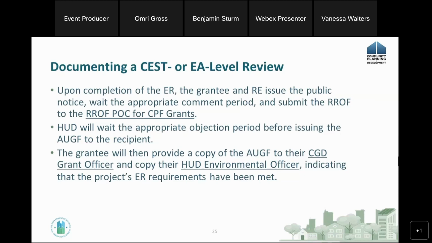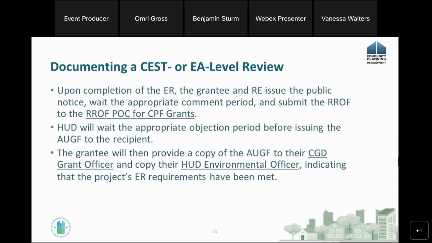All right, next step is the next business day after your public comment period comes to an end, you would then submit the request for release of funds to the point of contact for CPF grants. And again, this would be done by the responsible entity in HEROS.